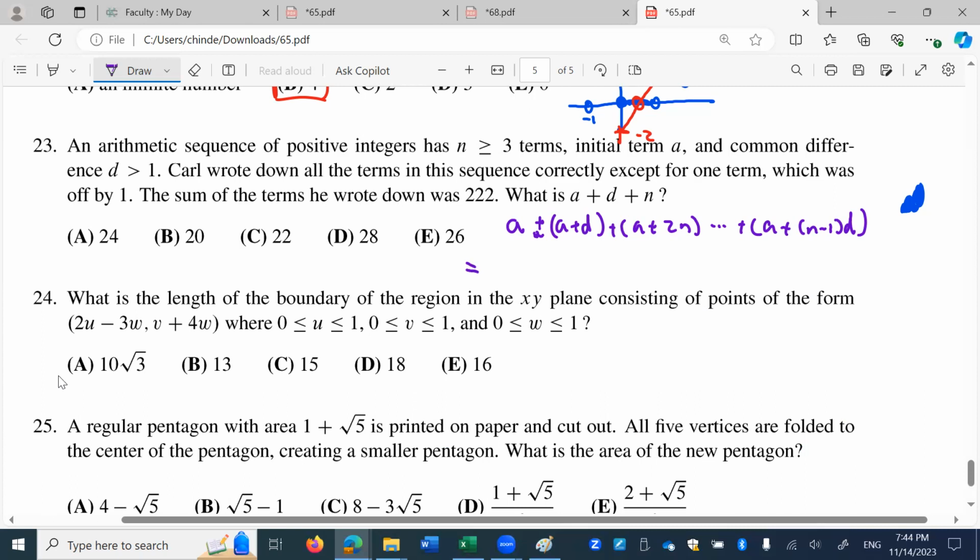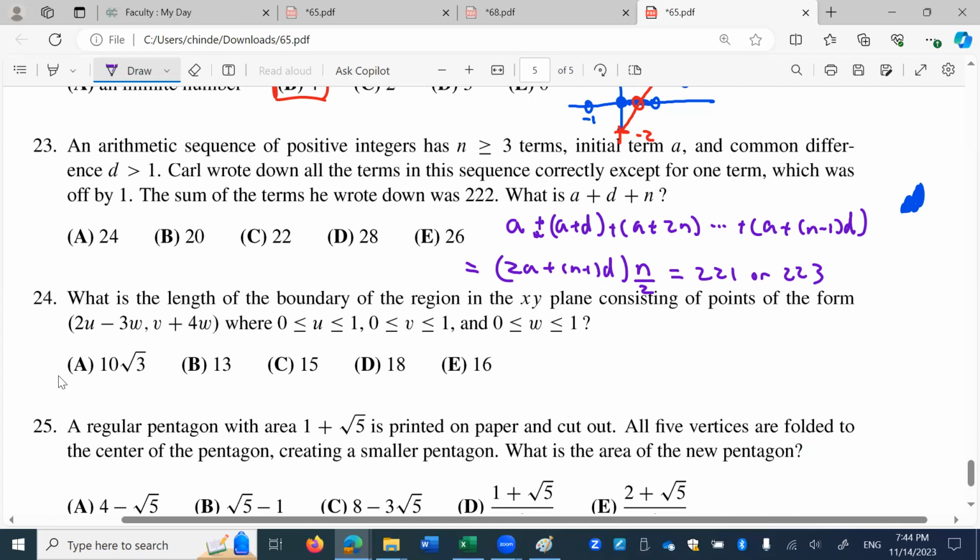So if I add these all up, I'm going to have first term plus last term is 2A plus (N minus 1)D. So that times the number of terms and then divided by 2. And that should equal either 221 or 223. Not quite sure yet.